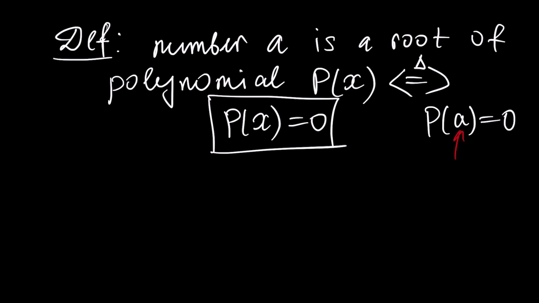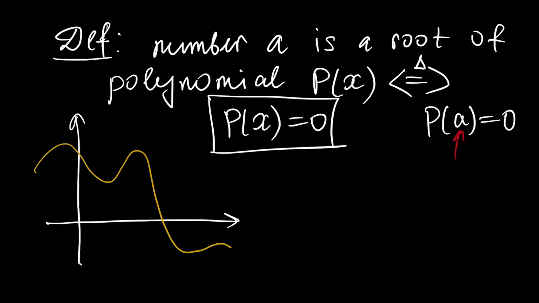Graphically, this looks like this. Assume we have the chart of our polynomial. This is the graphic of our polynomial, and at this intersection, assume this is number a.